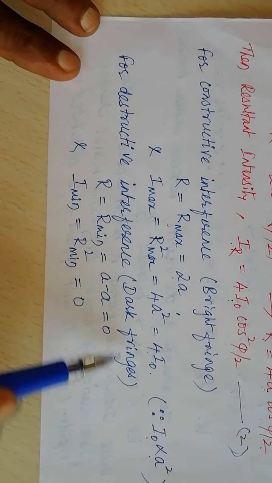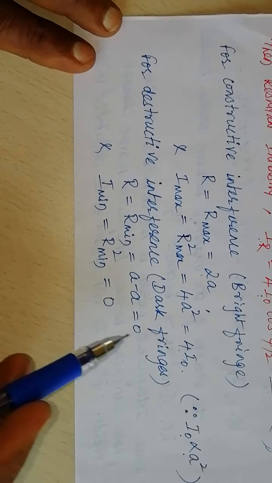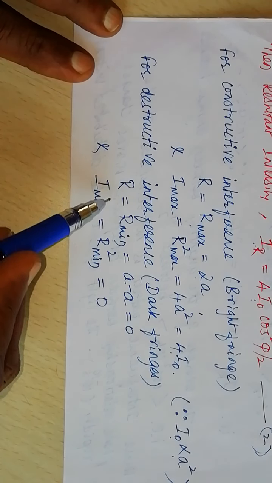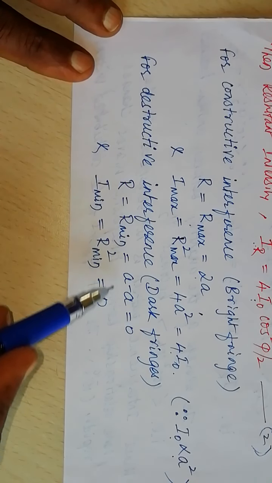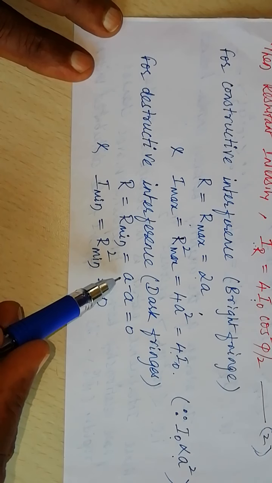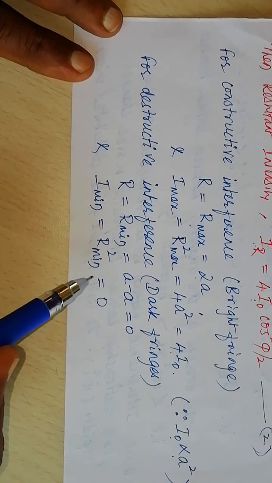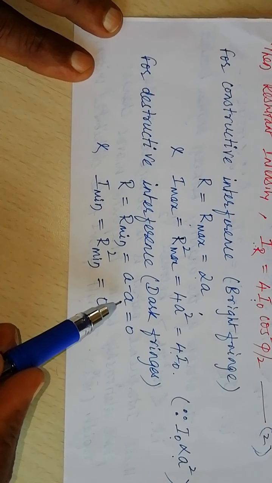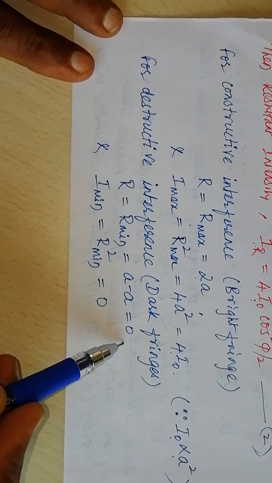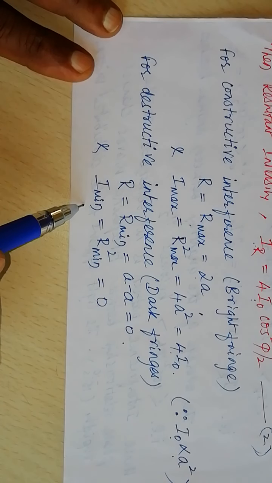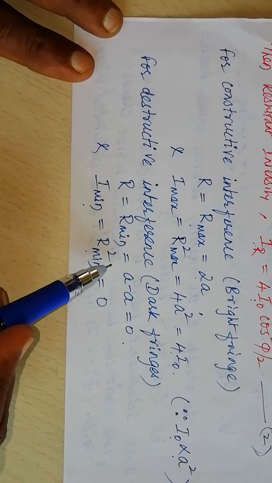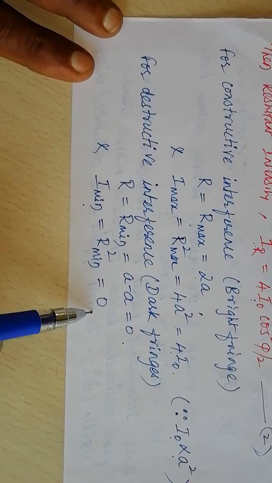For destructive interference, dark fringes to be formed, the resultant amplitude should take a minimum value, that is R minimum is A minus B. A equals B is the condition, so B also we are taking as A, A minus A is 0, so I minimum, which is directly proportional to the square of R minimum, equals 0.